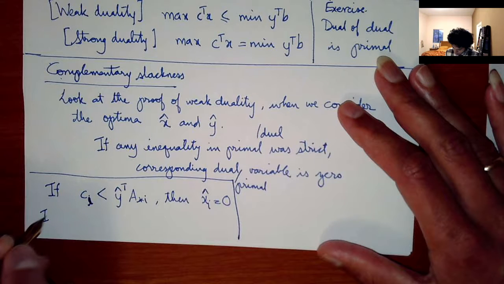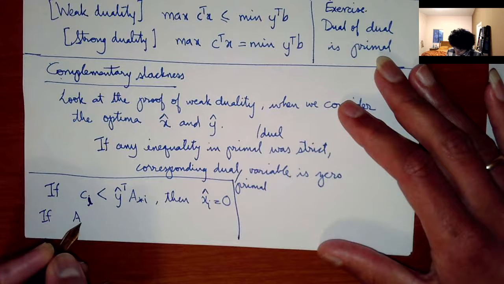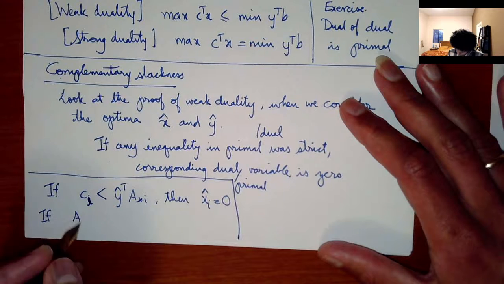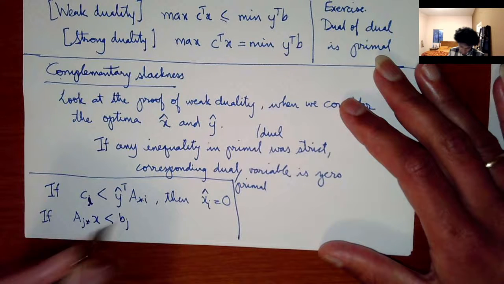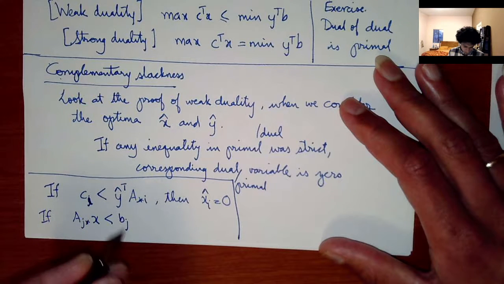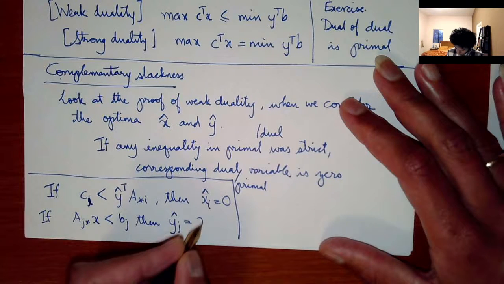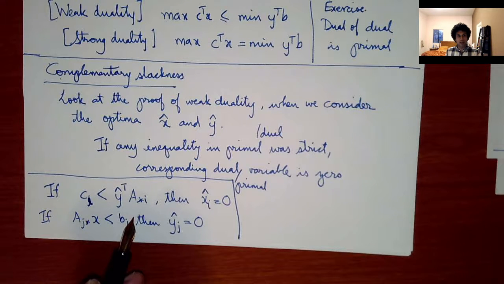And if aj star x was strictly less than bj, then yj hat is 0. So if any constraint was not tight, then the dual variable is 0. These are called the complementary slackness constraints.